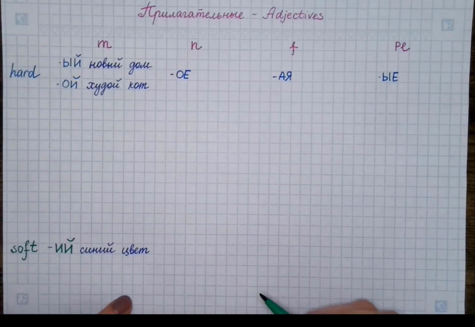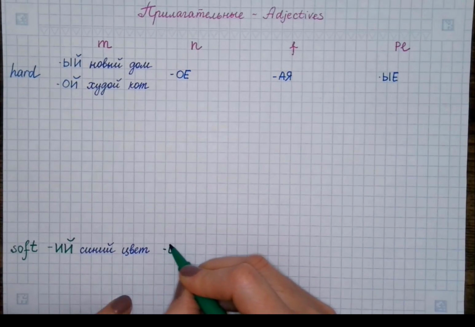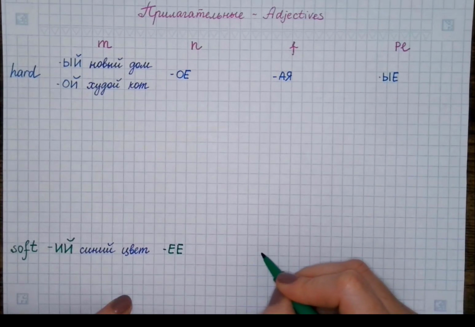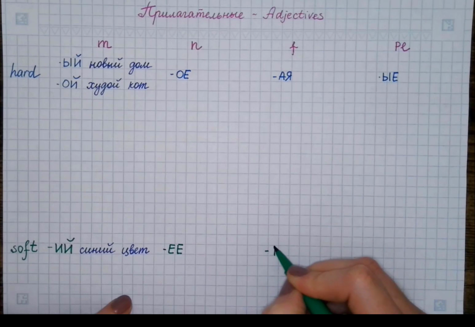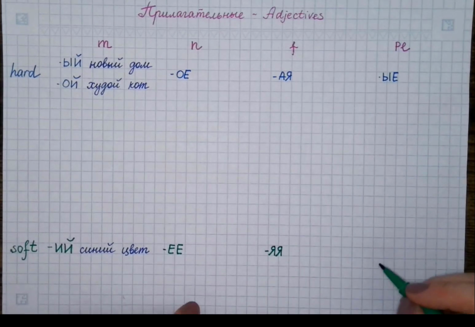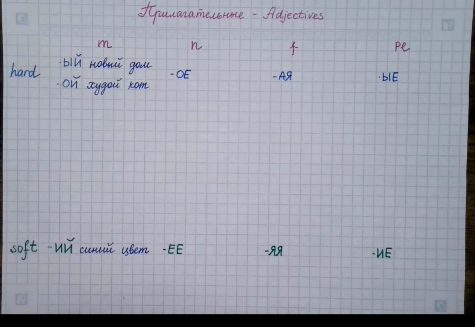And then the soft ending transformation will follow this pattern. Ий will change to ее for neutral, it will change to яя for feminine, and it will change to ие for plural.